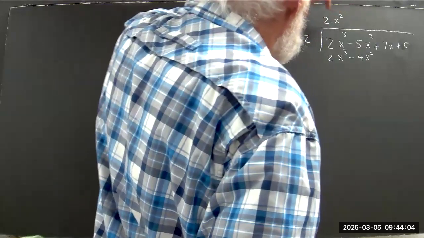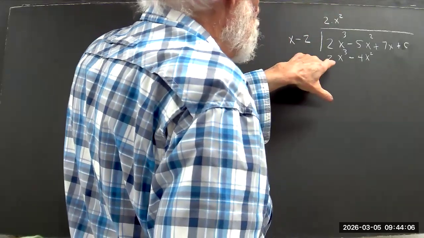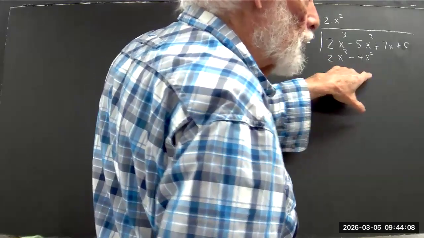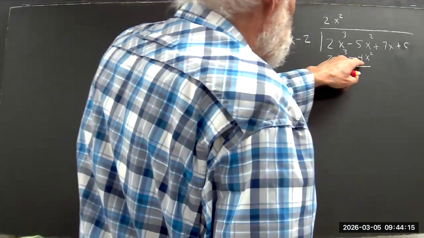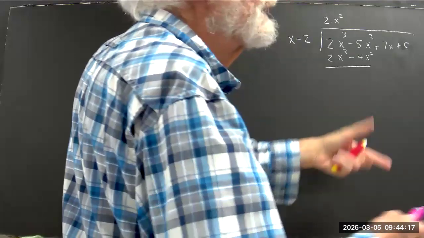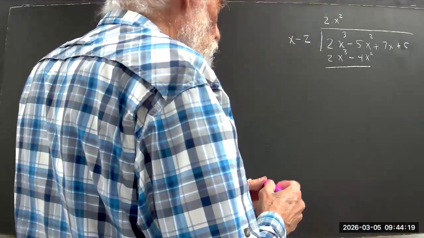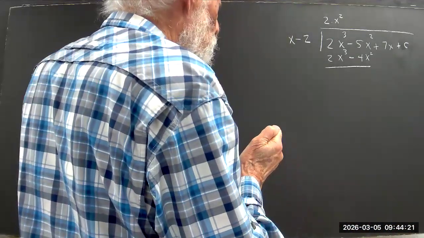We multiply the 2x squared by the x minus 2, and it gives us this much of our polynomial. And then we subtract this from the polynomial to see what additional part we're going to need.